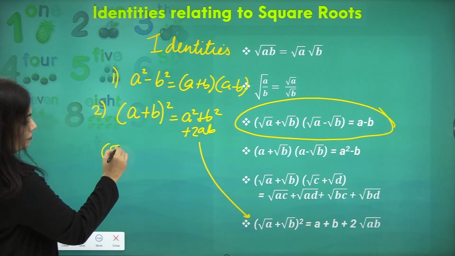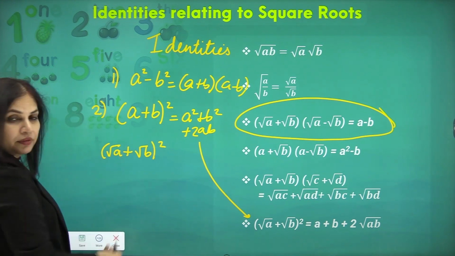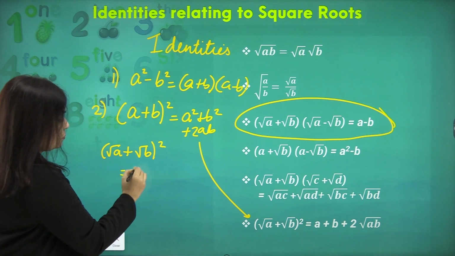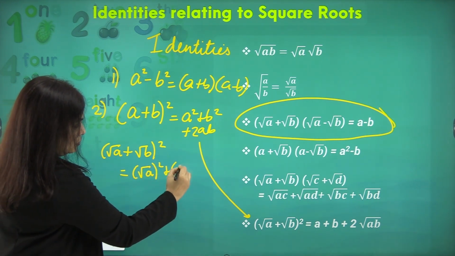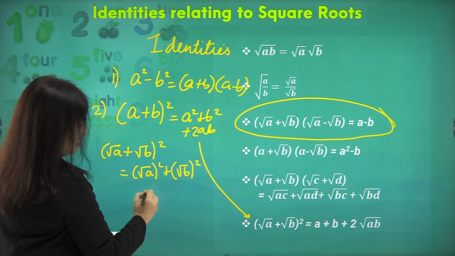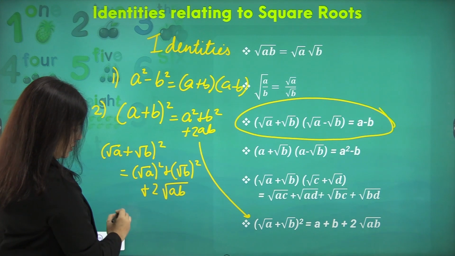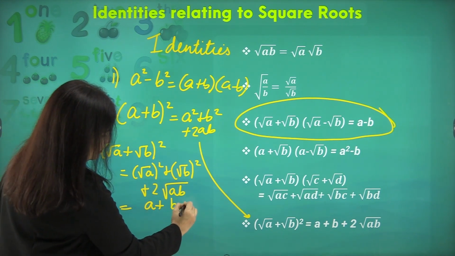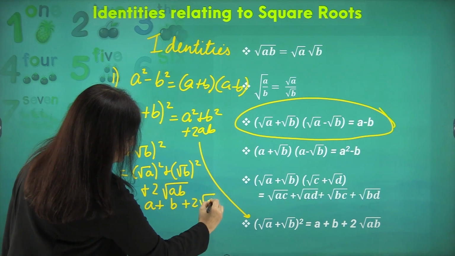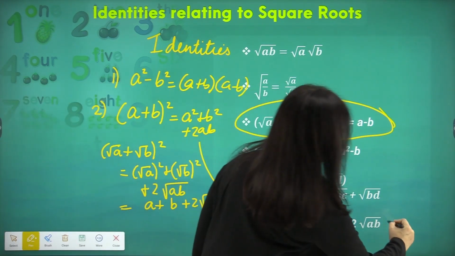Root A plus root B whole square will be equal to root A whole square plus root B whole square plus 2 into root AB. And we know root A whole square is A, root B whole square is B, plus 2 root AB. So, we get this property.